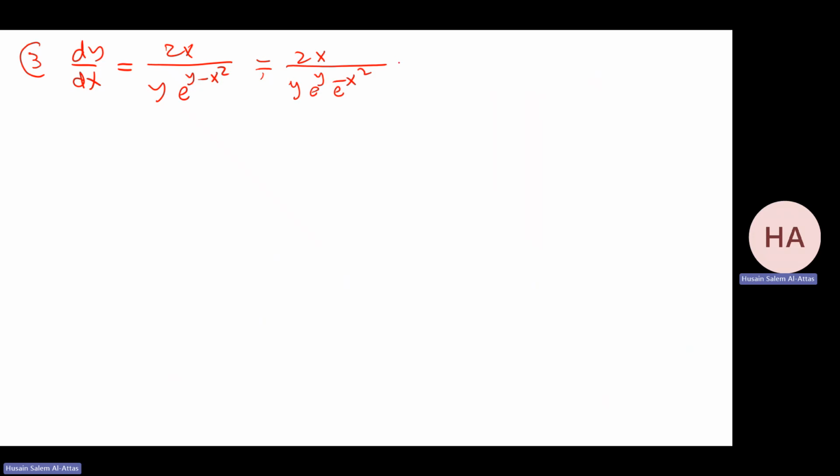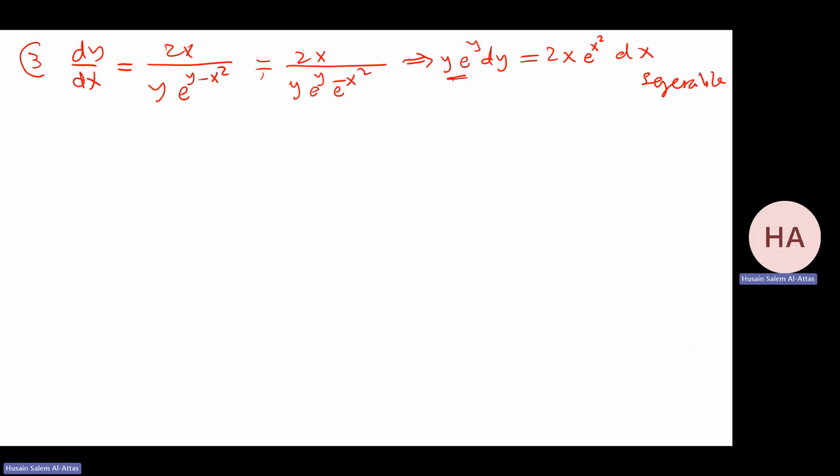In other words, I have y e^y dy equals 2x e^(x squared) dx. Now I want to integrate this by parts.